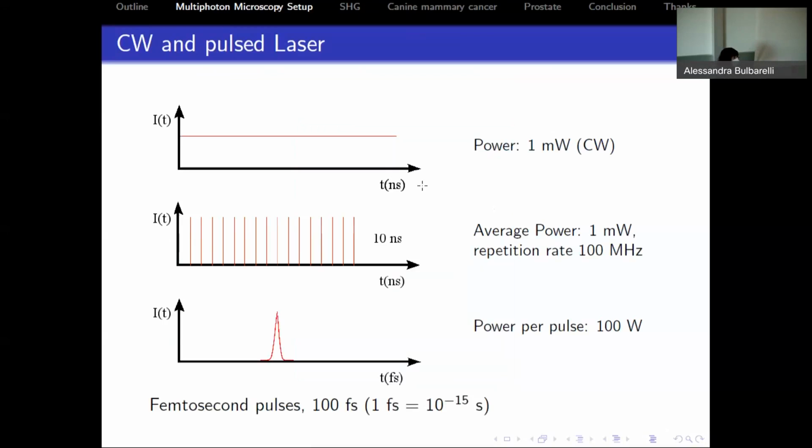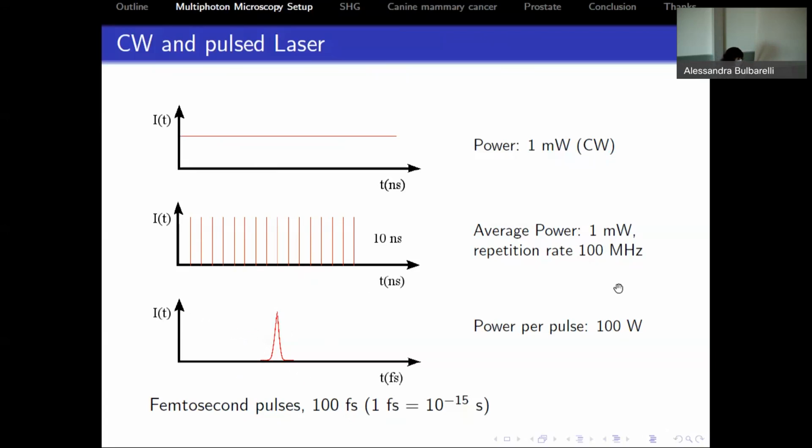And so in our work, instead of using a continuous laser, which is a continuous intensity in time, and for biological applications you need to use low power, otherwise you damage your material, what we use is a pulsed laser with very short pulse duration, on the order of femtoseconds, so that we can concentrate all the energy of the laser in a very short time.